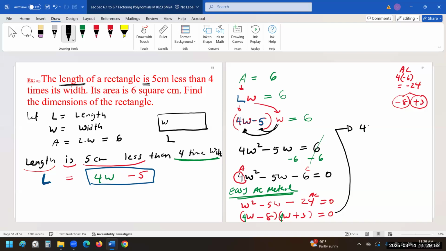We have 4W minus 8 equals 0, or we have 4W plus 3 equals 0.